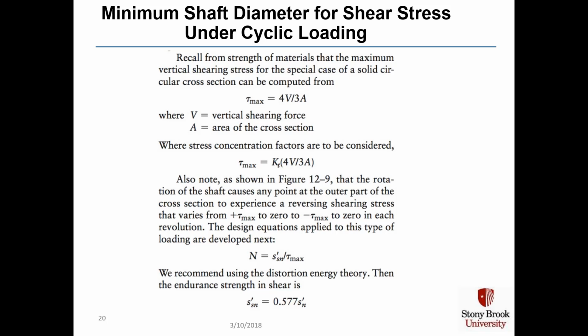We also know from our distortion energy theorem that the endurance strength in shear is 0.577 times S prime n, where the first version of the S prime n was calculated from tau max times the number of safety factors that we have.